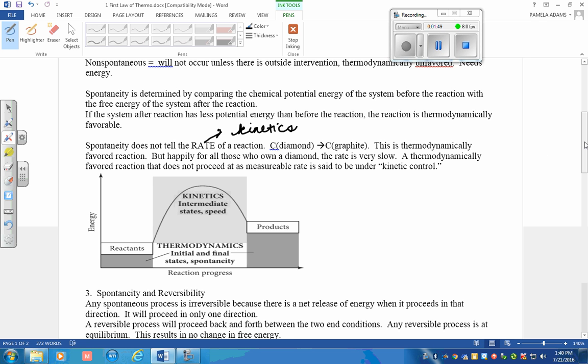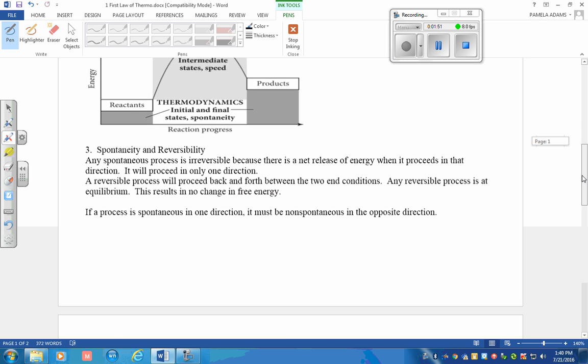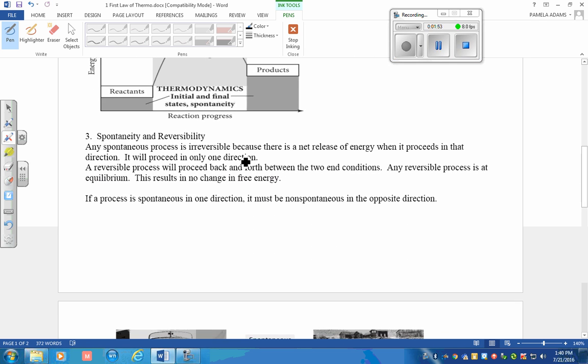All right. So if a reaction is spontaneous in the forward reaction, that means it is non-spontaneous in the reverse reaction, so it is irreversible, and it will only proceed in one direction. A reversible reaction will proceed back and forth between the two end conditions, and a reversible process is at equilibrium.